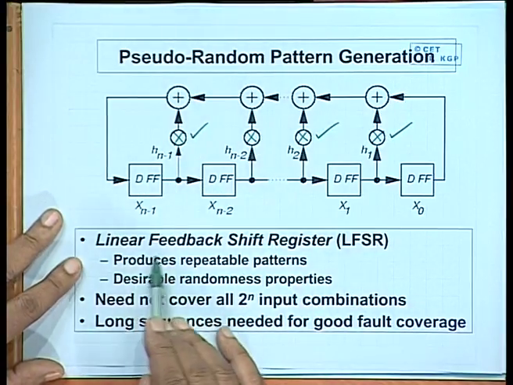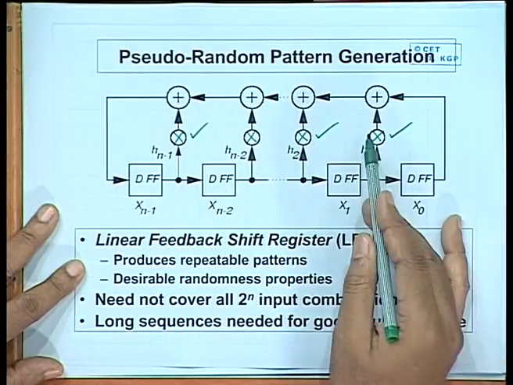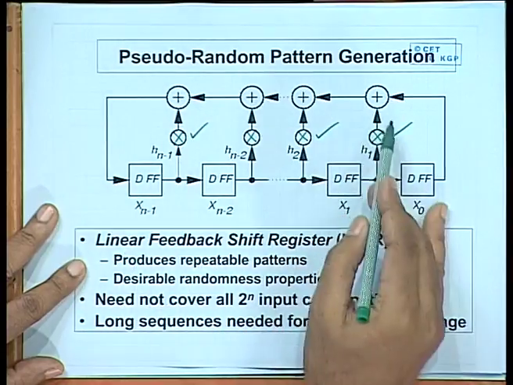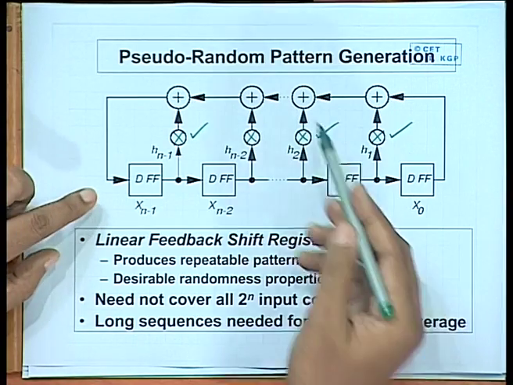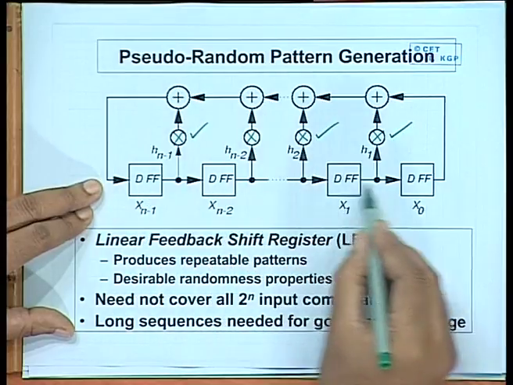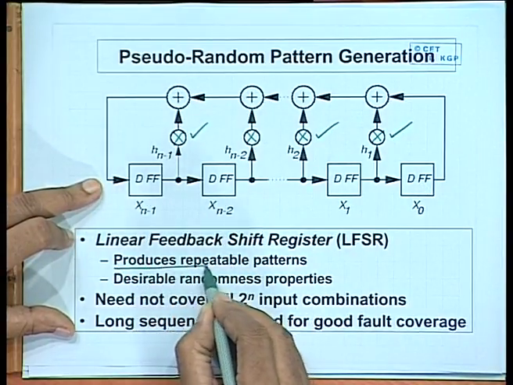This is what is called a linear feedback shift register. It is a shift register, there is a feedback network, and since exclusive OR is a linear function, we call it a linear feedback shift register. Now, since it is a well defined hardware structure, once you load it with an initial state, it will always produce repeatable patterns.